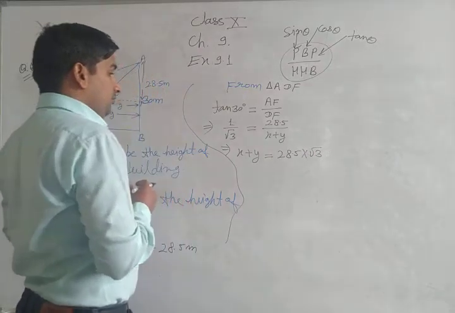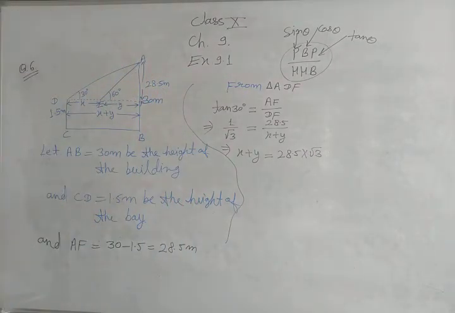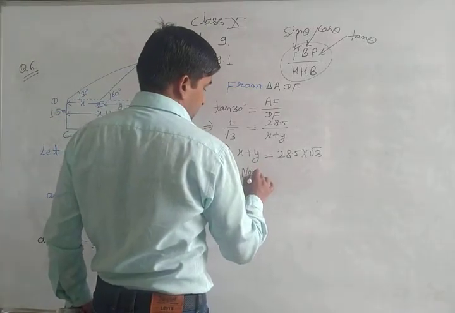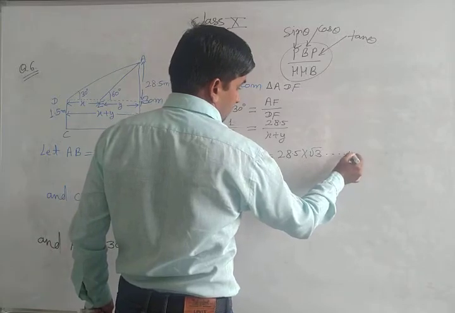This is the value of x plus y, equal to 28.5 multiply root 3. Clear? This one is equation 1.